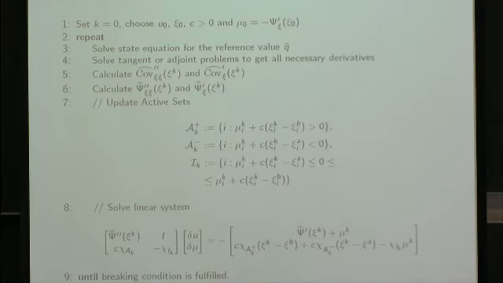You calculate the Hessian and the gradient of the functional, like the trace. You update the active set, so you decide if you are on the upper bound or lower bound, and you cast everything in this linear system. So here you have the Hessian of this functional, and here we have an update of the Lagrange multiplier saying if you are close or not to the boundary.